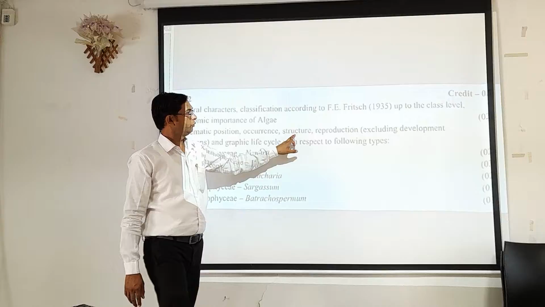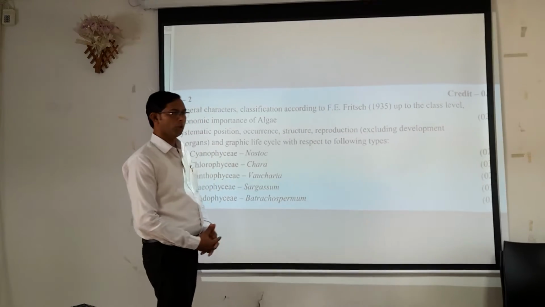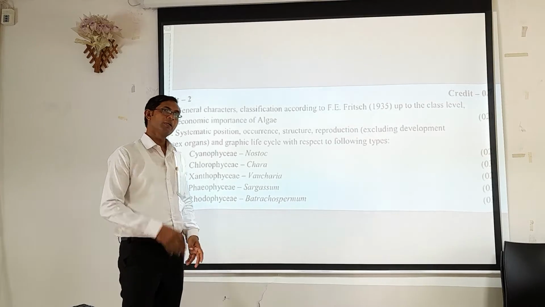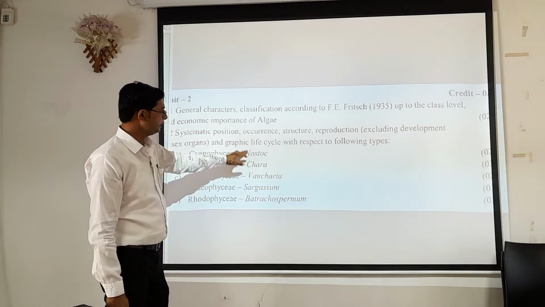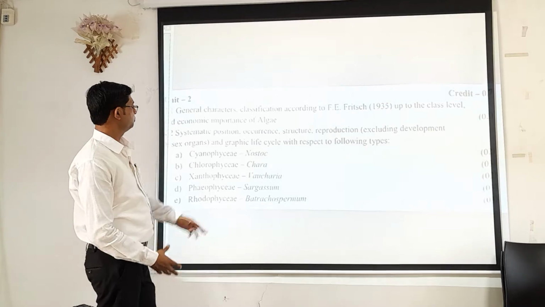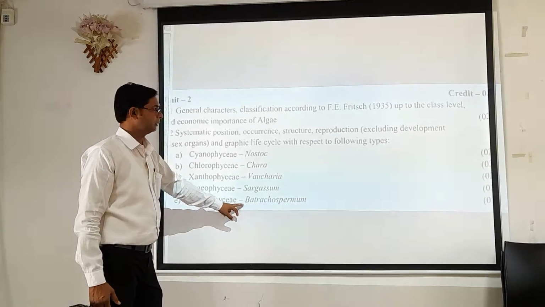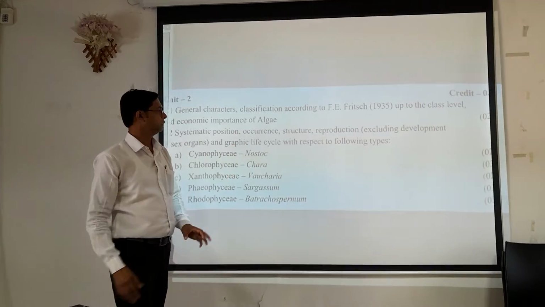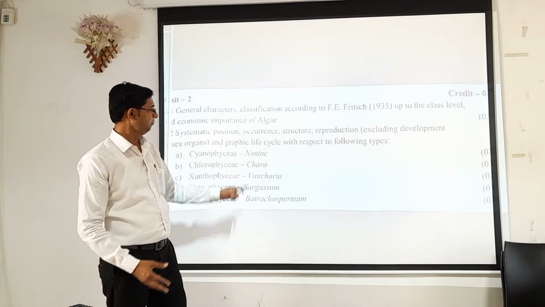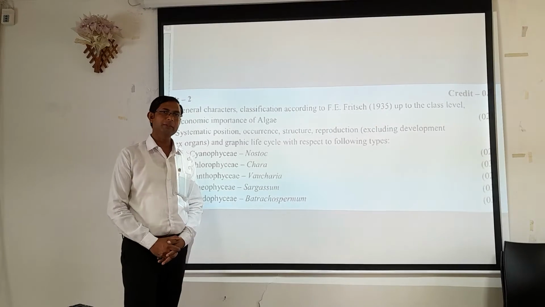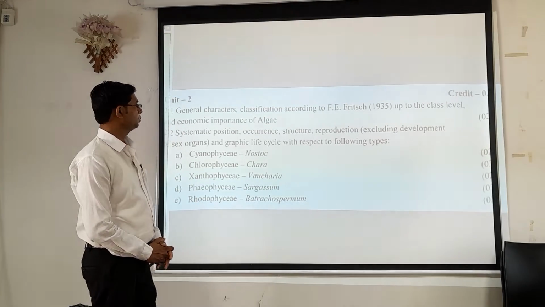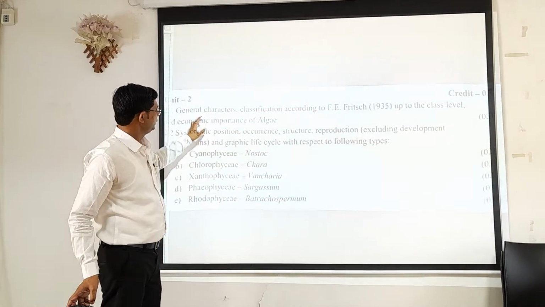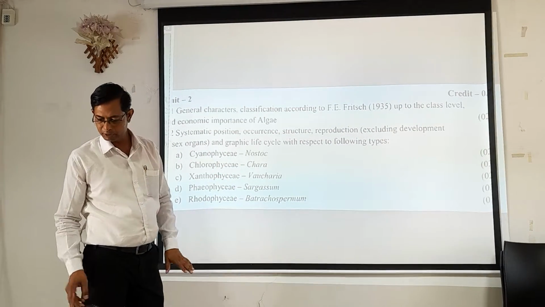Along with that, we have completed the portion related to reproduction: vegetative reproduction, asexual reproduction, and sexual reproduction. All these parameters we have completed for these examples. Along with that, we have gone through the graphical life cycle of the examples given in the syllabus. So almost all, we know all these things about the 5 different examples.